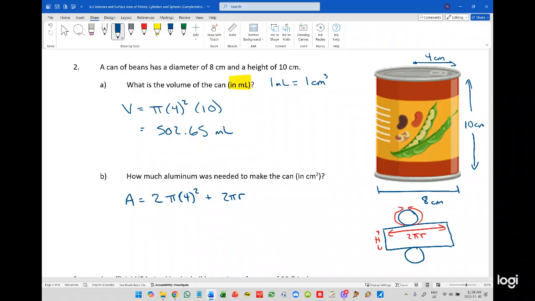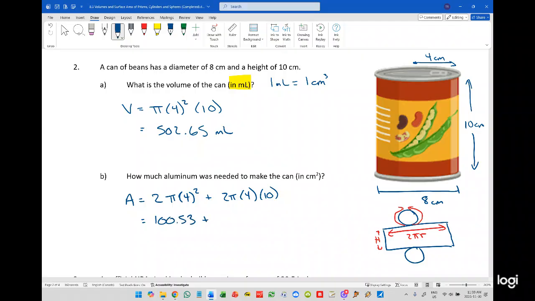I wrote 2 pi r, but we know what r is, so I'll put 2 pi times 4, and then we multiply by h, which is the height. Okay, so the area of the ends together, 2 times pi times 4 squared, is 100.53.